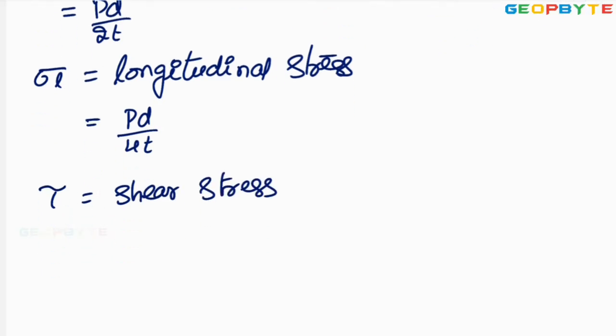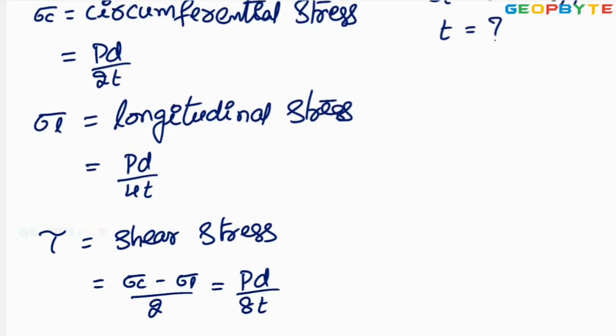It is equal to sigma c minus sigma l by 2. You simplify this value for getting PD by 8T. See, circumferential stress is PD by 2T. Longitudinal stress is PD by 4T. Shear stress is PD by 8T.